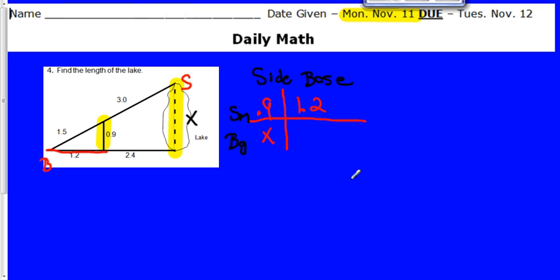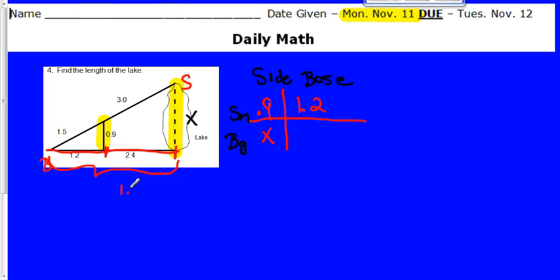Now the problem is I need the base of the whole triangle, the great big one. So that's not just stopping right here, but it's going all the way. Just this one part right here is 2.4. So what I have to do is put them together to find my full length.